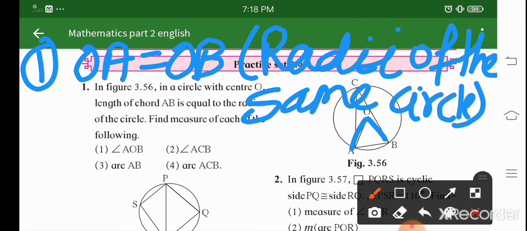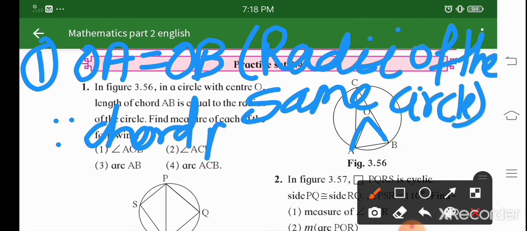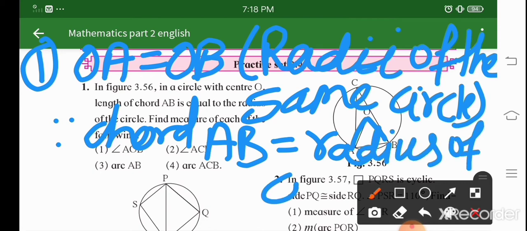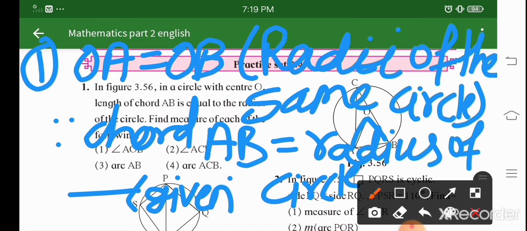Now since chord AB is equal to the radius of the circle, this is a given thing. जो chord है वो radius को congruent है, this is given.